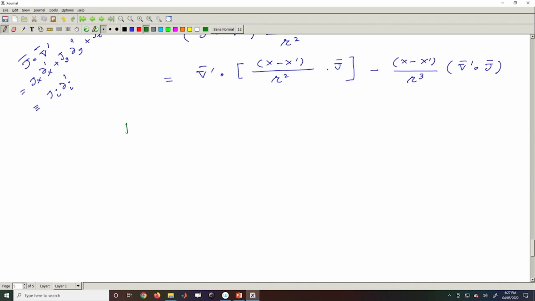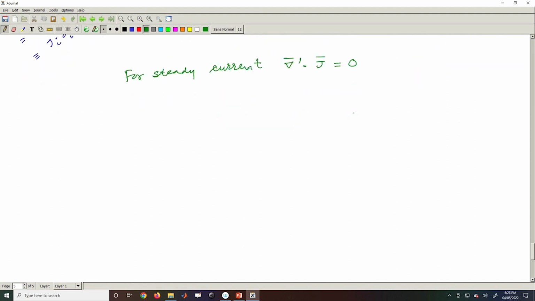Now, for steady current, we have this equal to 0. So for steady current, if we have this 0, then eventually we have minus of j prime dot this r over r cube.